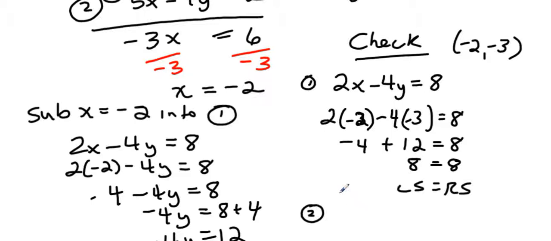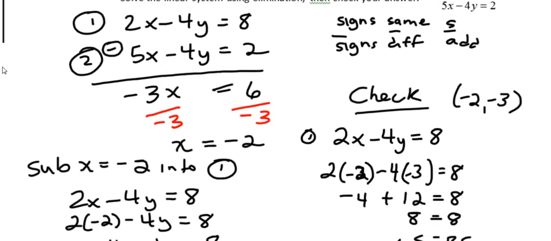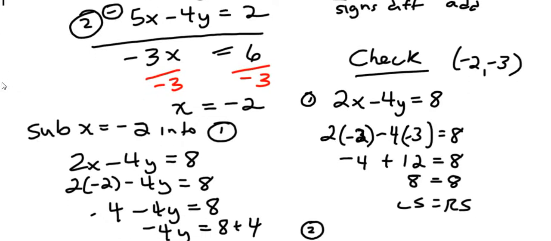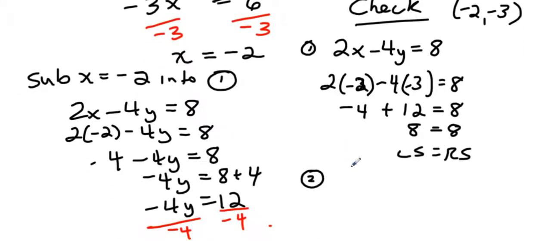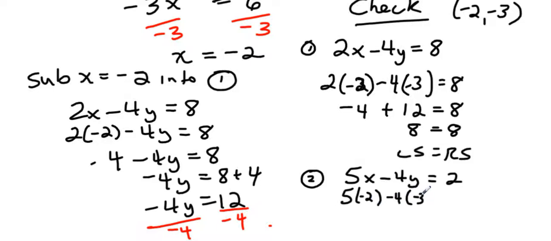That one's a little more important because you might have made a mistake over here when you were figuring out what y equals. And you'll pick it up when you do this part of the check. So 5x minus 4y equals 2. Minus 10 plus 12 equals 2. This is 2.